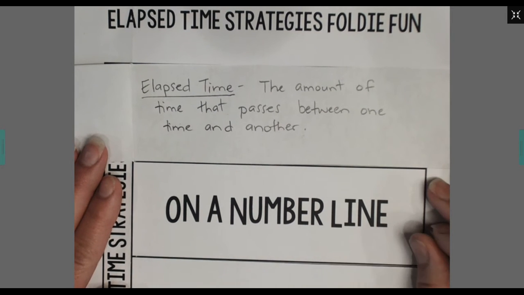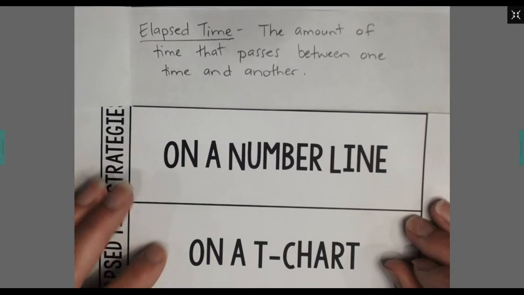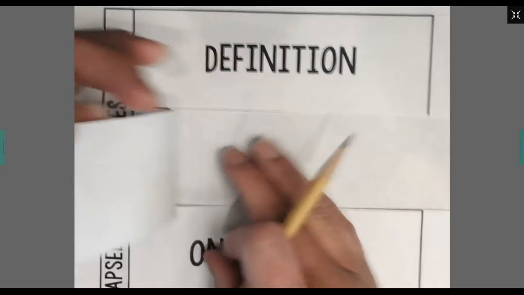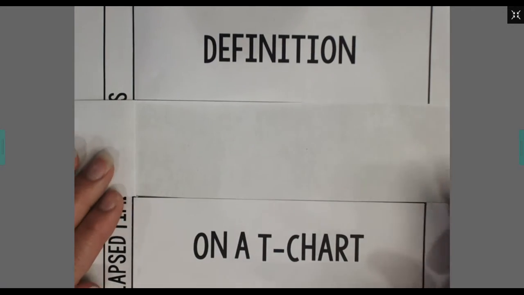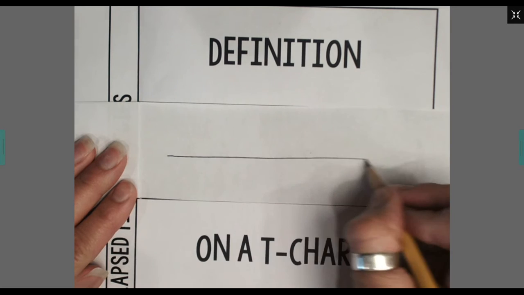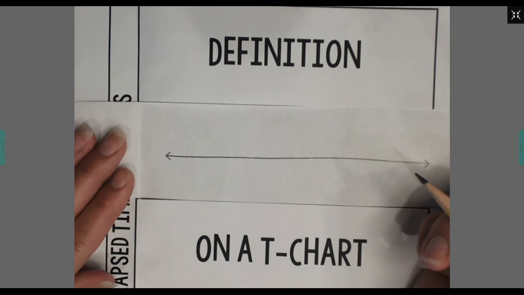So there are different strategies we can look at to help us solve elapsed time. The first strategy is going to be on a number line. So we use number lines a lot in math, and we can also use it with elapsed time. So I have a number line, and remember, elapsed time is between one time and another.